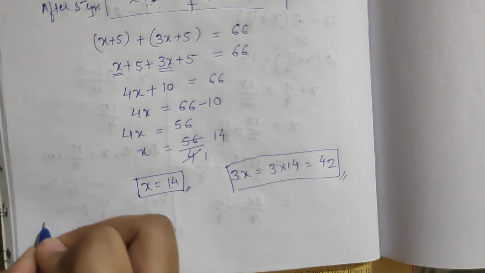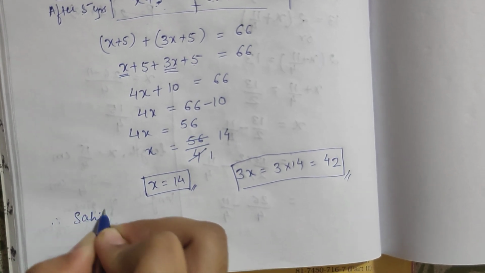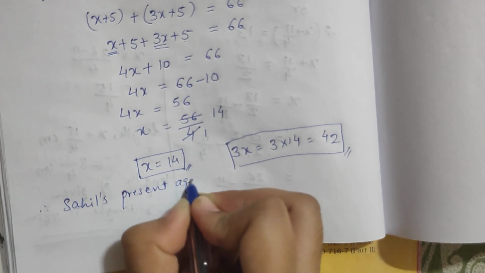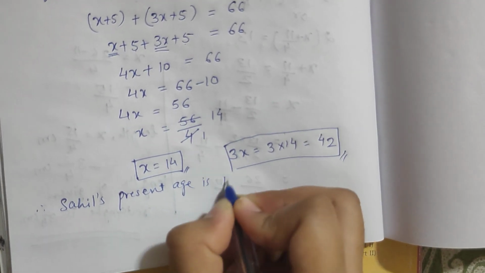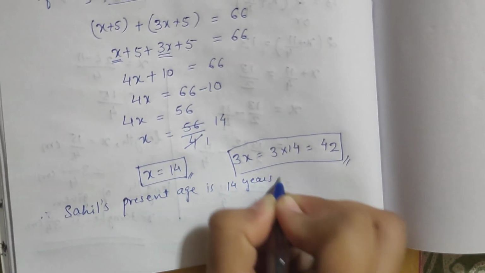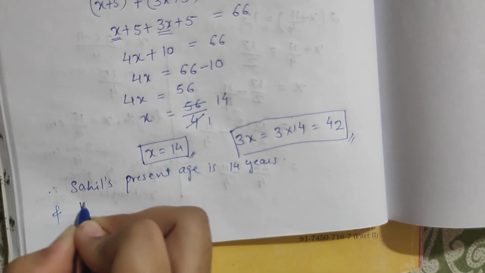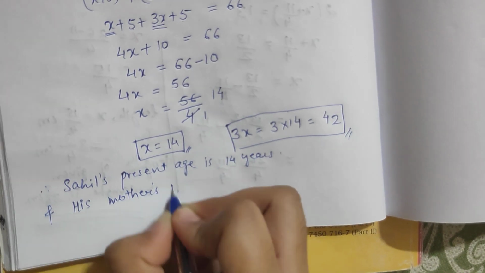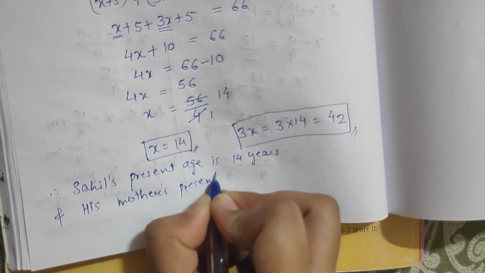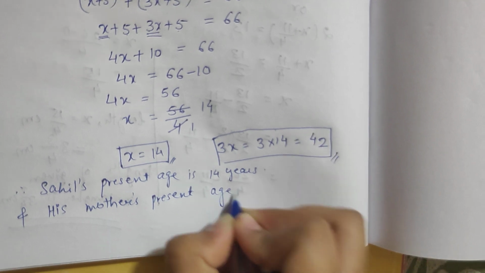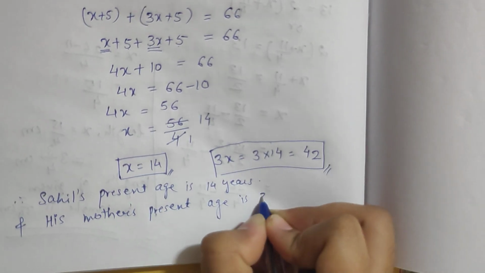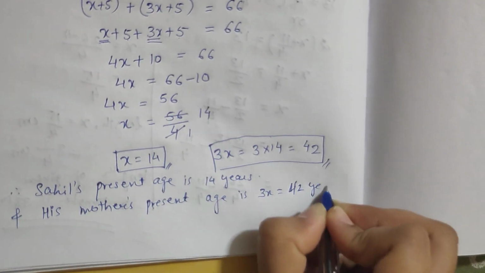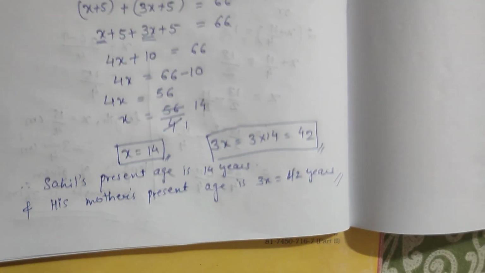So we can say that, therefore, Sahil's present age is 14 years, and his mother's present age is 3x, that is 42 years. This is what we have to find out.